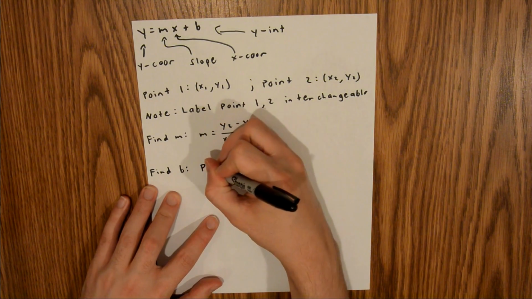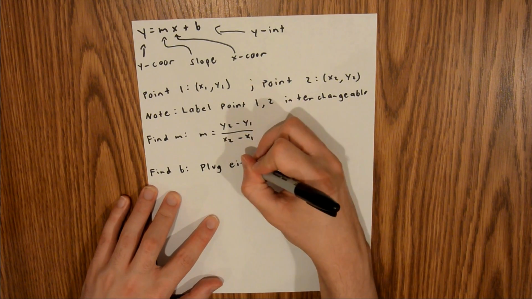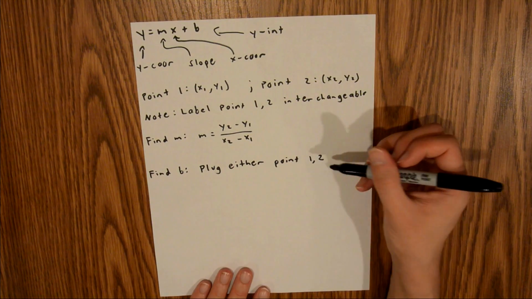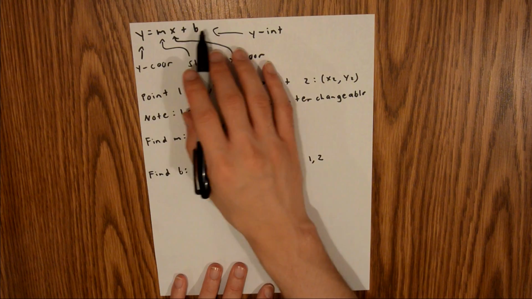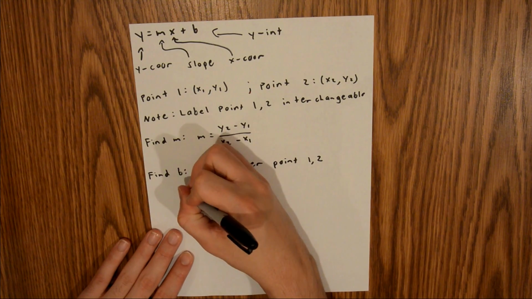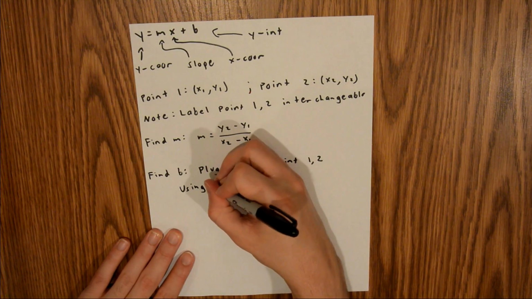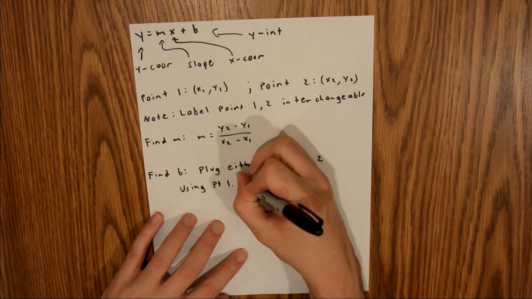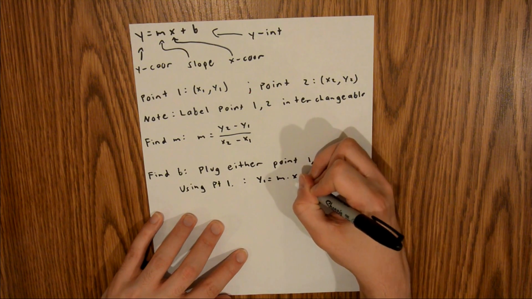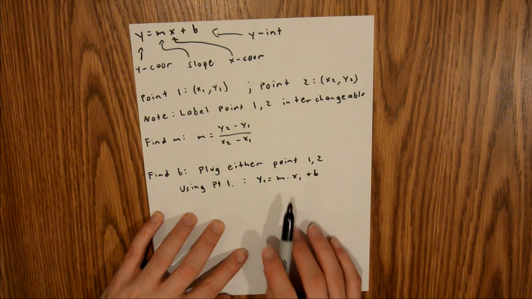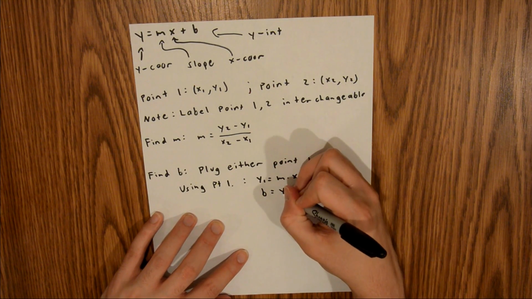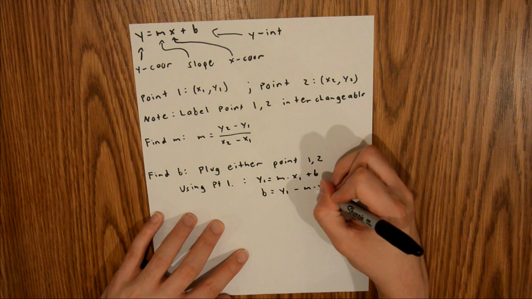And the way that you do that is you're going to plug either point 1 or 2 into your generic equation with the slope you just found substituted in. So using point 1, you would have y1 is equal to m times x1 plus b, and now we can subtract this term from both sides, and that'll allow you to find that your y-intercept is equal to y1 minus m times x1.